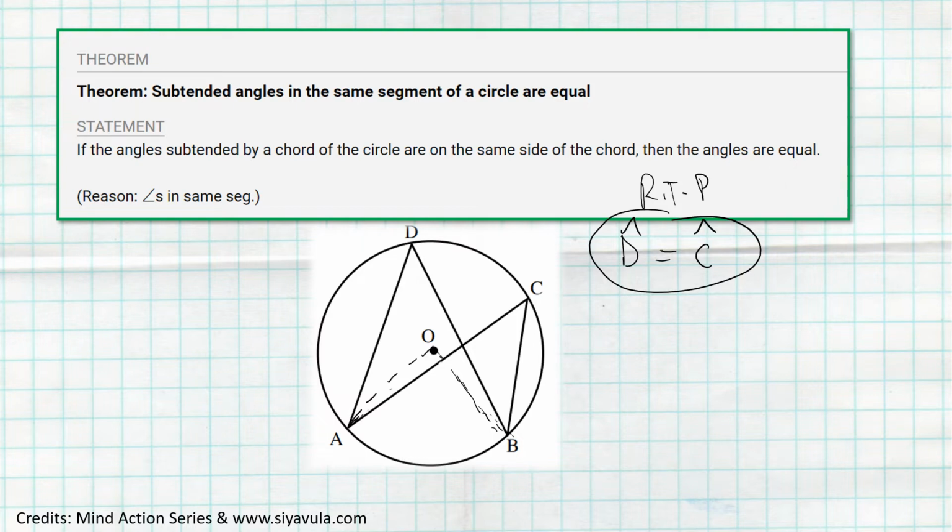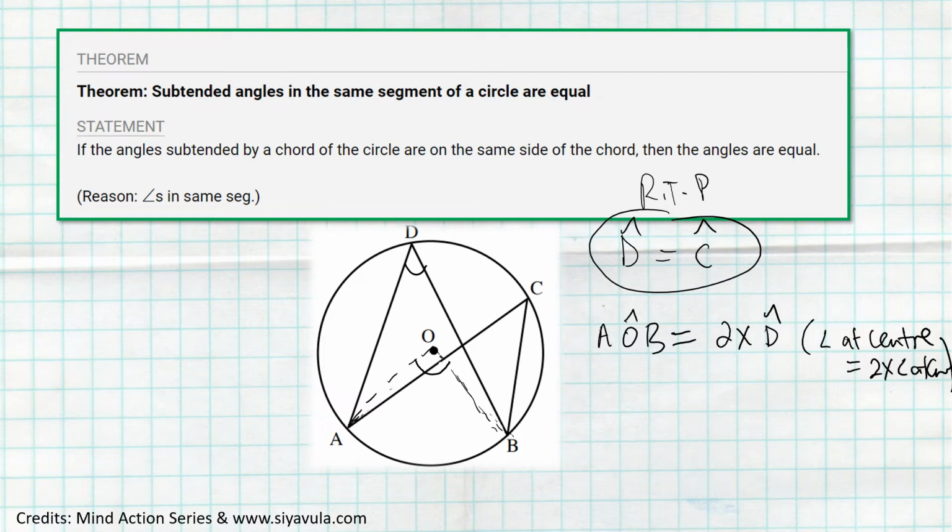So I can now say angle AOB, which is my angle at the center, is equal to 2 times angle D, because it's subtended by the same arc at the circumference. The reason is: angle at center is equal to 2 times angle at circumference, theorem number 2.